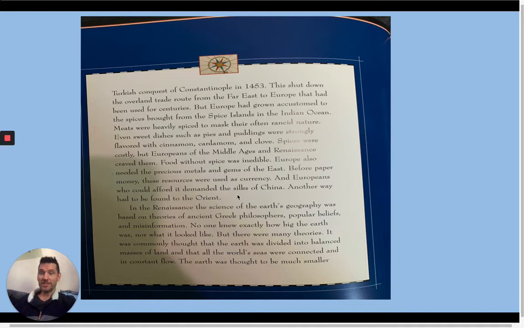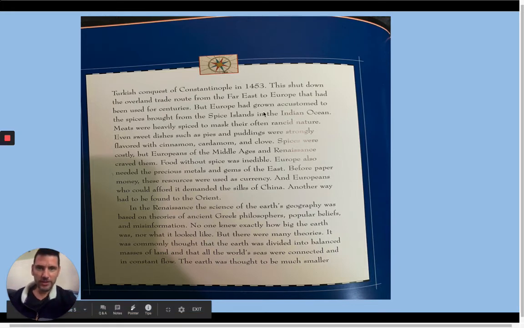Another way had to be found to the Orient. In the Renaissance, the science of the Earth's geography was based on theories of ancient Greek philosophers, popular beliefs, and misinformation. No one knew exactly how big the Earth was, nor what it looked like, but there were many theories. It was commonly thought that the Earth was divided into balanced masses of land, and that all the world's seas were connected and in constant flow. The Earth was thought to be much smaller.